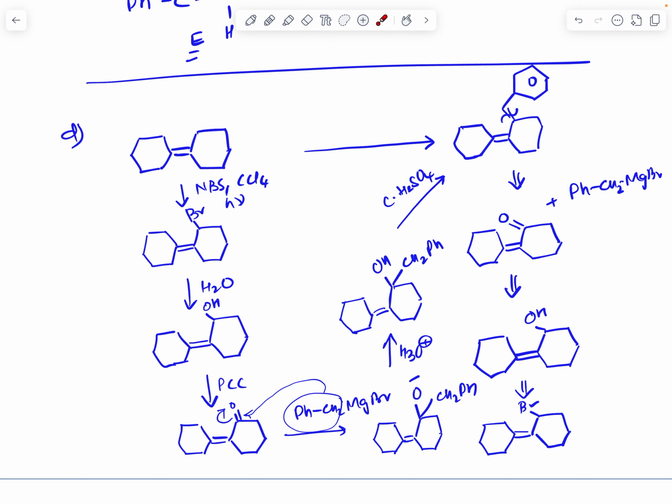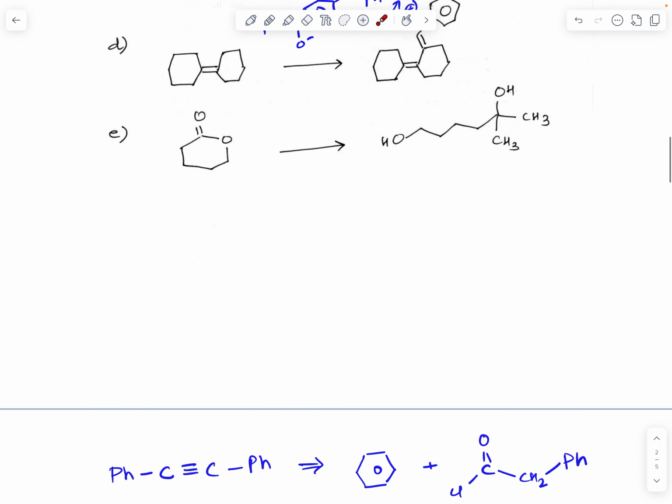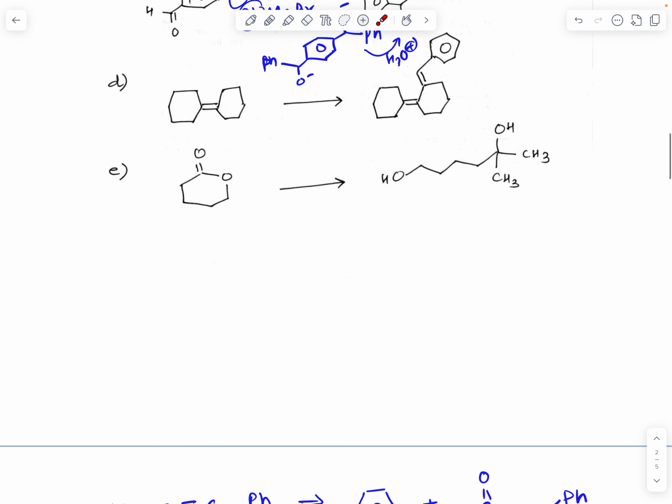All right, the last one in the series is E, where you're trying to go from here to here. There is actually enough space out here, so we can think about this right here. The key thing to note is that there are two groups out here that are identical, and also notice that's a tertiary alcohol.